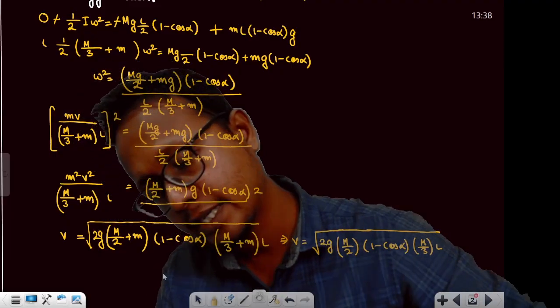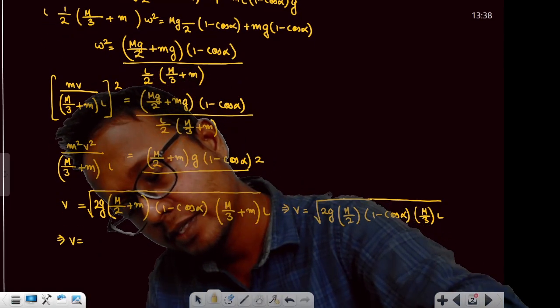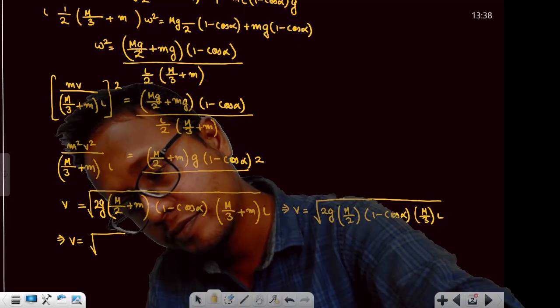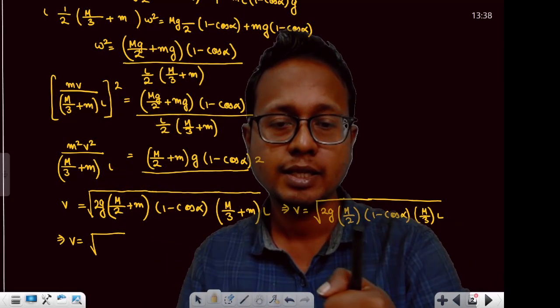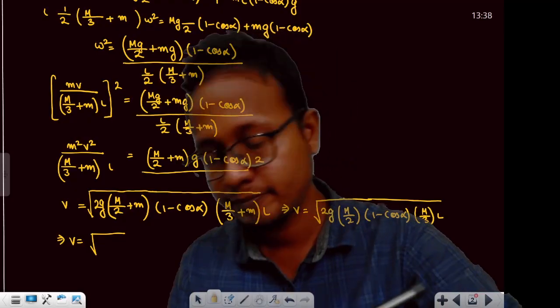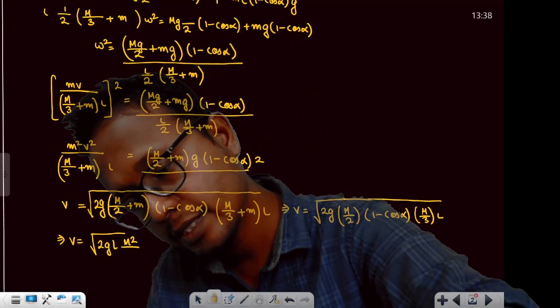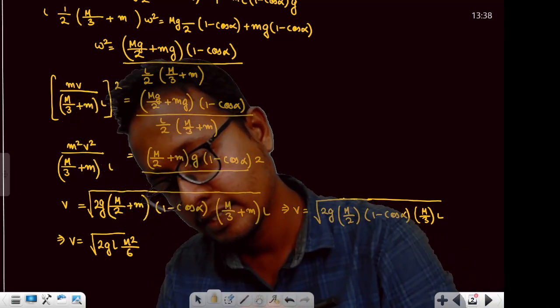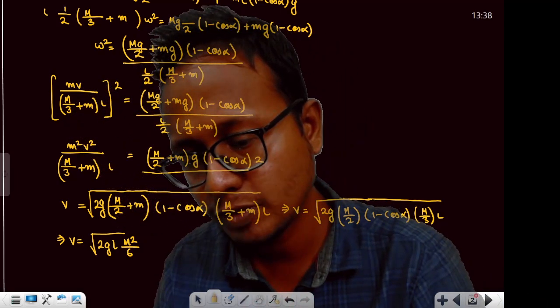And if I simplify this, I'll get something around v is equal to under root of how much? 2gl into m square by 6. Is it m square by 6?